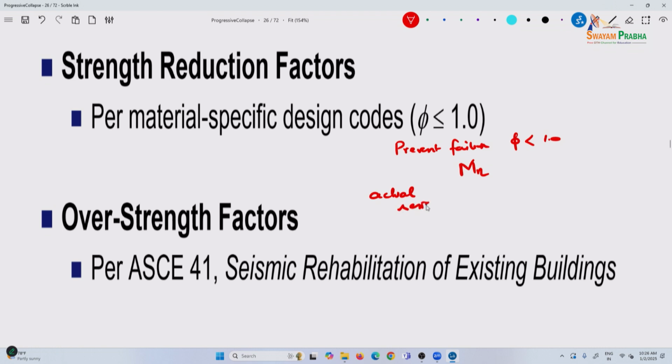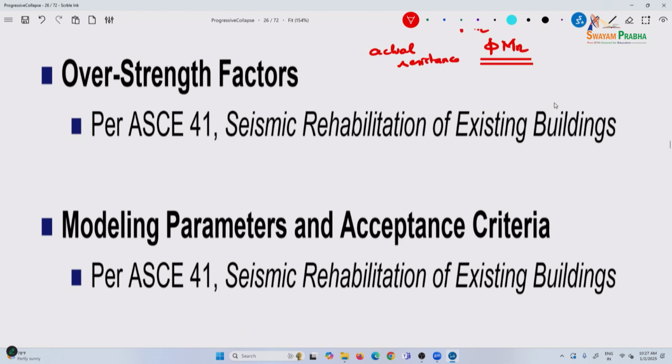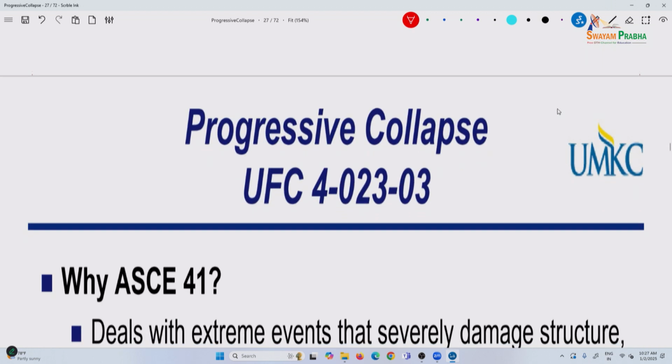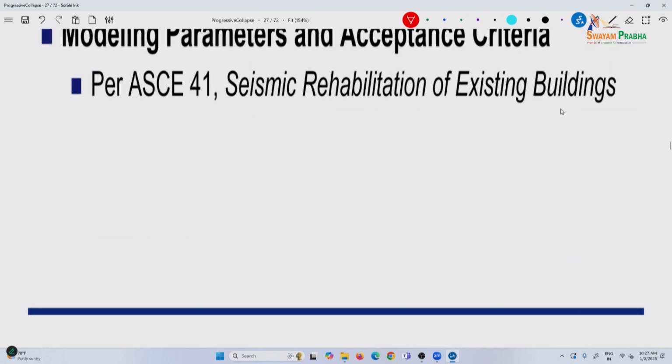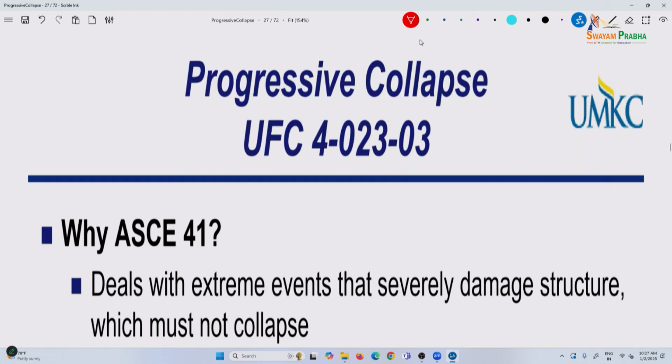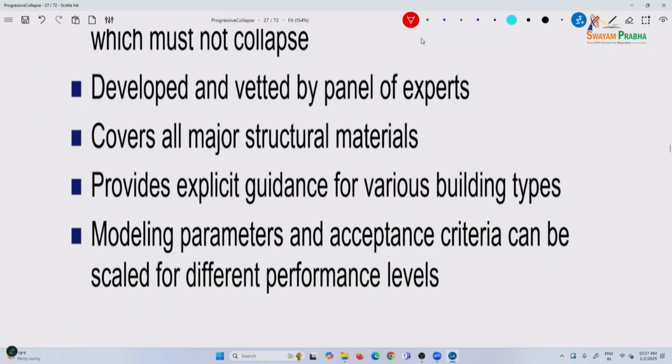We calculated Mn yesterday, the day before, so the resistance factor is less than 1. Then modeling parameters and acceptance criteria are there. ASCE 41, as we have mentioned several times, is a seismic rehabilitation basic guide, and that is the main reason.